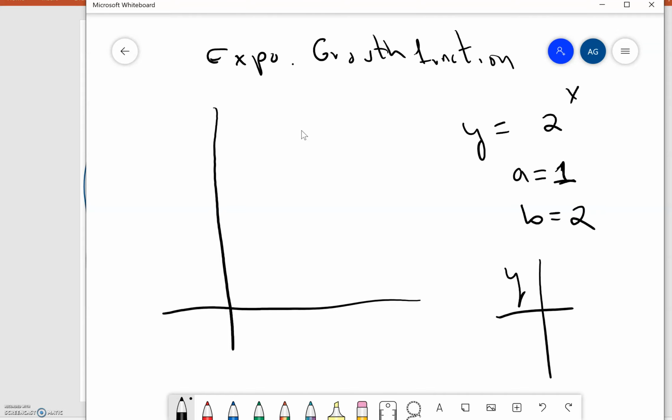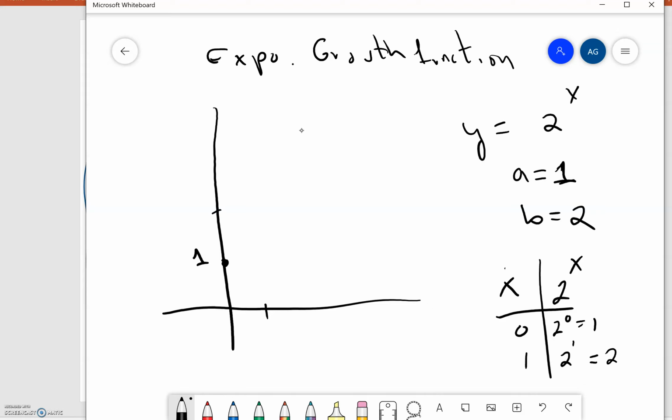I'm sorry, that was supposed to be an x. At x equals 0, we are at 2 to the 0, which is 1. And let's go over 1 unit. And as promised, if I go over 1 unit, I need to multiply where I was by the factor of 2.